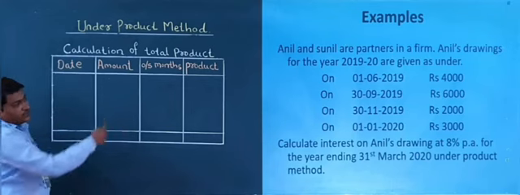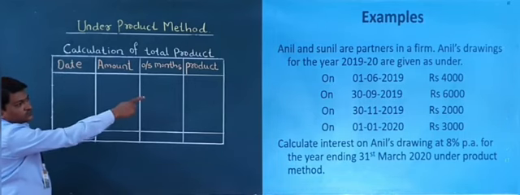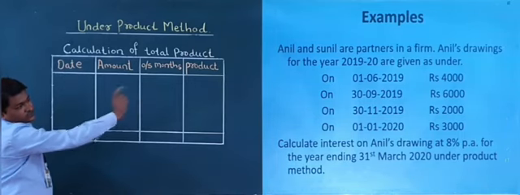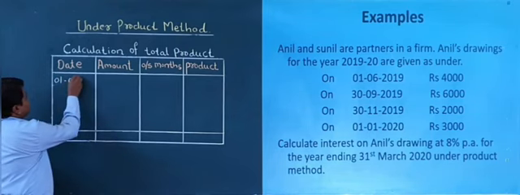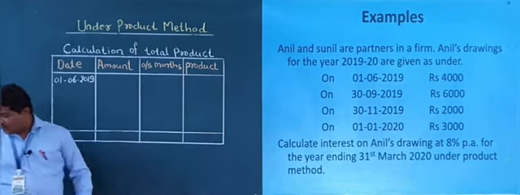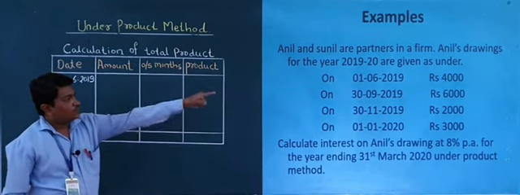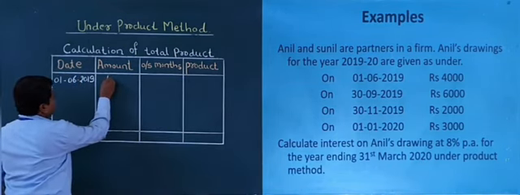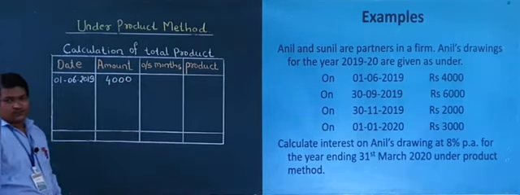On which date did he withdraw first? Yes, on 1st June 2019. I will write here 1/6/2019, on 1st June 2019. How much amount did he withdraw? Rupees 4,000.